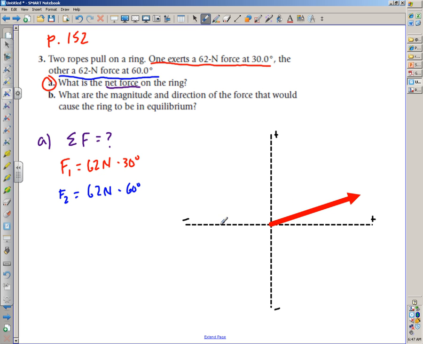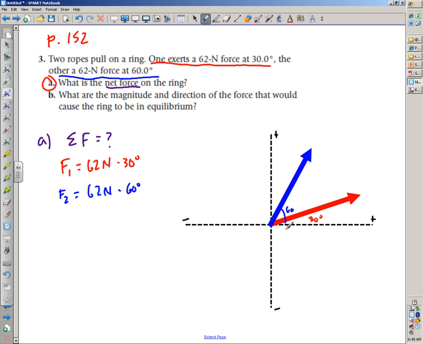So this is 90, this is 180, this is 270, etc. So we know that this is 30 degrees here. And then we have this 62 Newton force at 60 degrees, so something that looks kind of like this. If I draw them right, those 2 lines should be the same length. This is going to be 60 degrees right here.